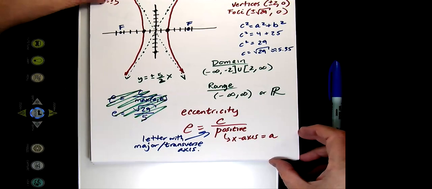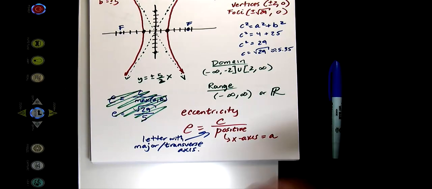All right, you guys ready for another one? So even the square root of 29 is 2.